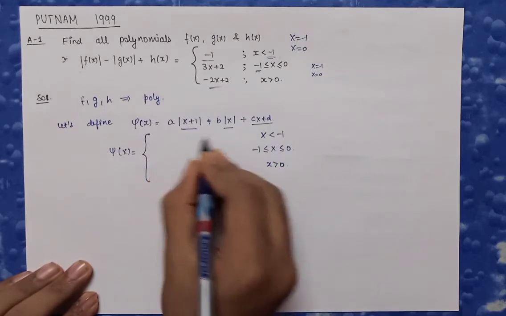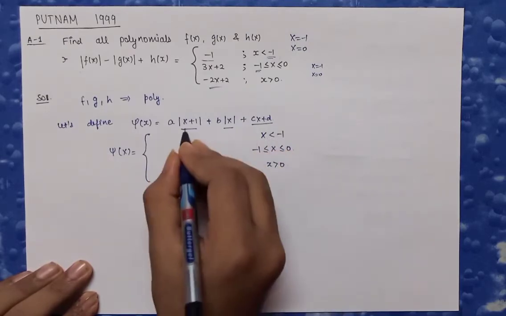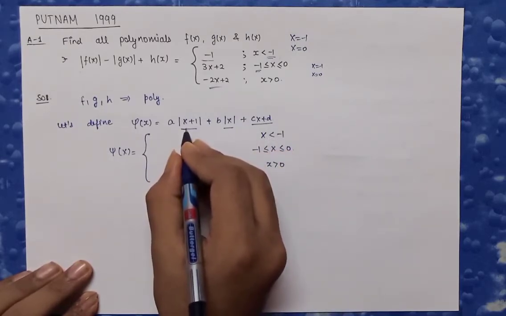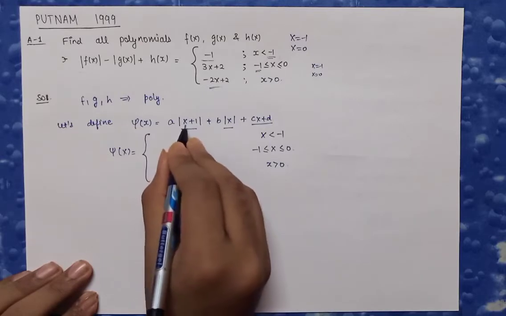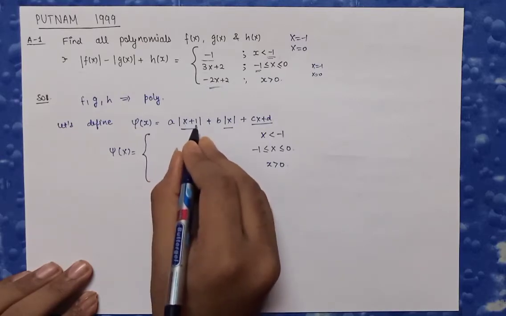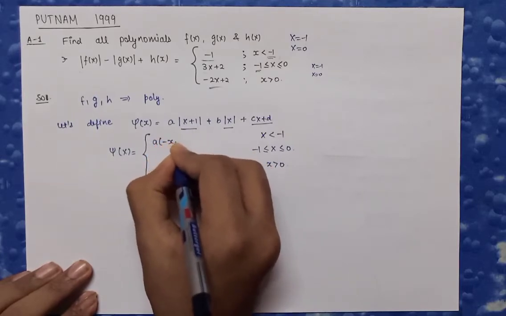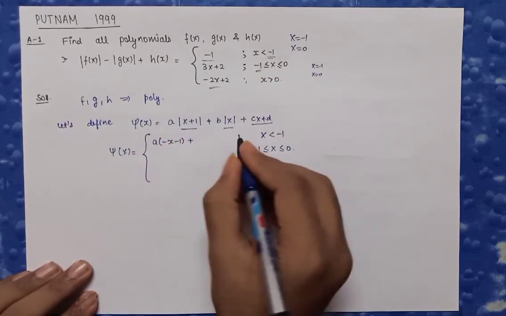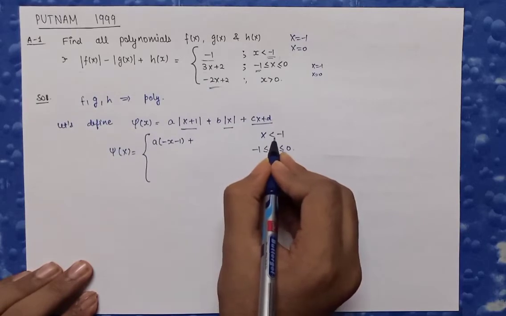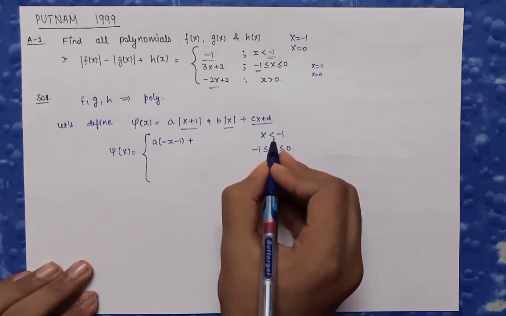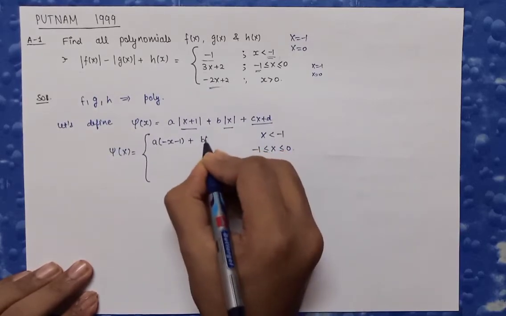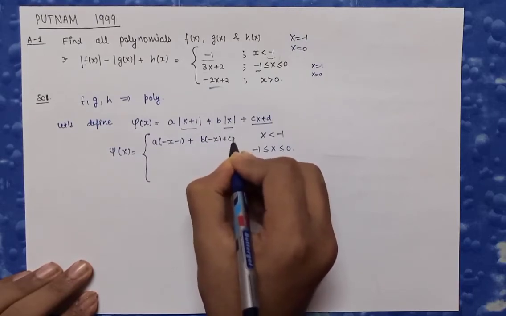In the first scenario, since x is less than minus 1, the quantity which is inside the modulus will be negative. So we can write minus (x plus 1) after removing modulus, and x is less than minus 1, which clearly means that it is negative. So here also we will get minus b x plus cx plus d.